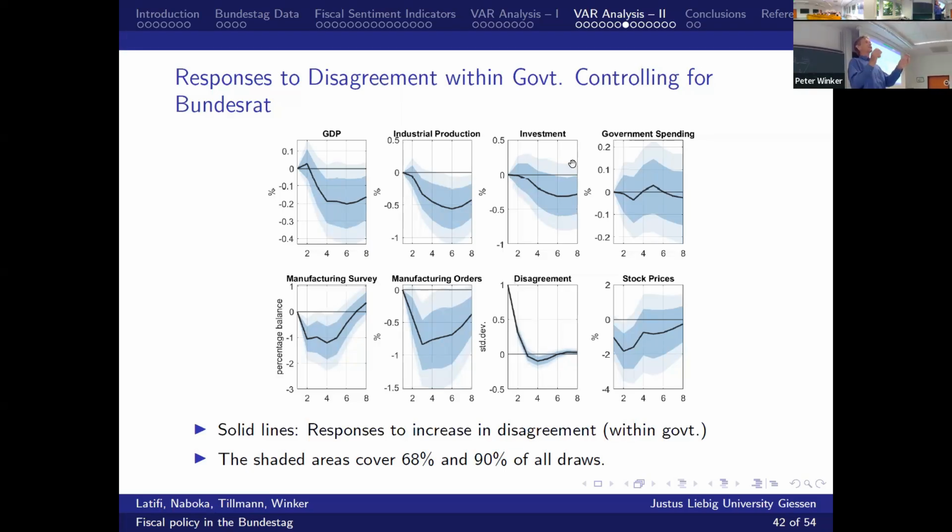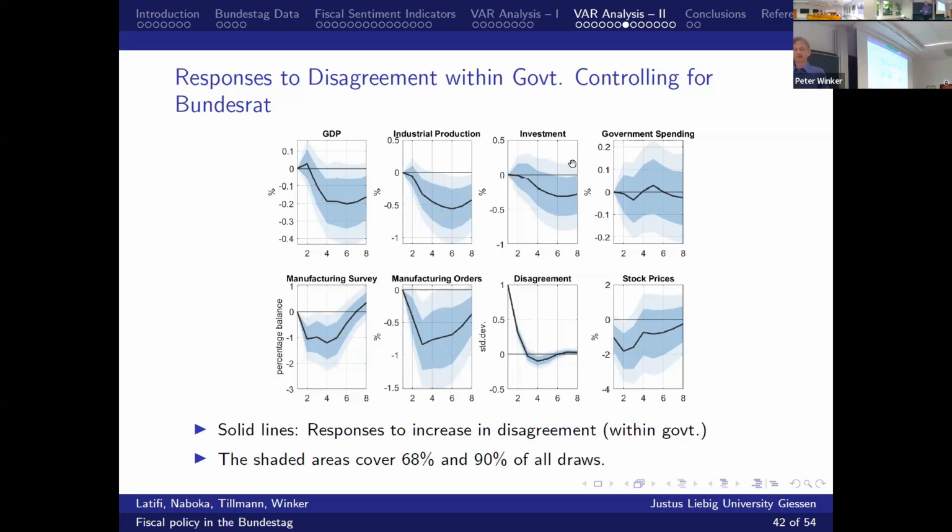So we thought maybe the constellation of Bundesrat versus Bundestag has an impact on how this disagreement works. That's why we controlled for the share of the government in the Bundesrat. But as you see, compared with the previous slide, you don't see anything. So it was just an idea, but it doesn't seem to be important.